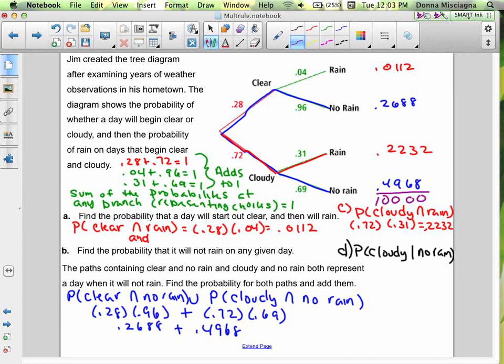We have 4 decimal places, 1, 2, 3, 4. Look at that, it's 1.